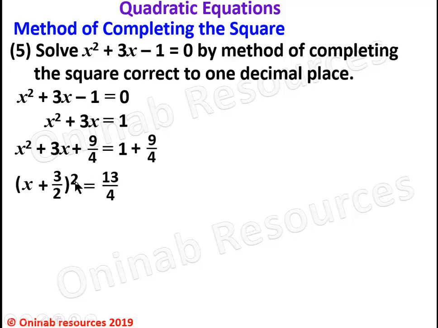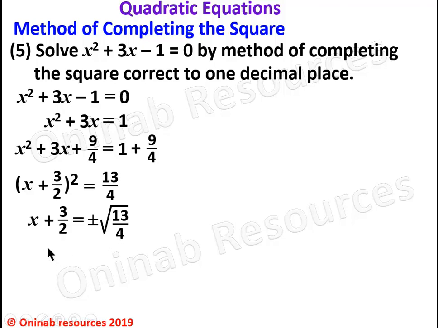So again, we remove this square. Removing the square means finding the square root of both sides. So we said we are interested in both positive and negative roots. So we now have x plus 3 over 2 is equal to plus or minus square root of 13 over 4.